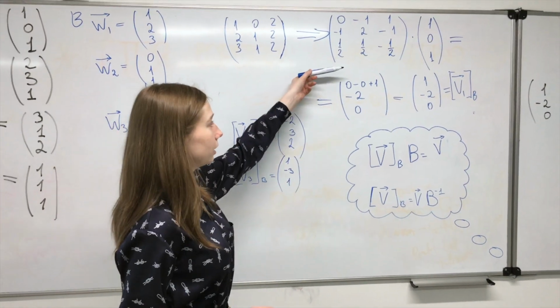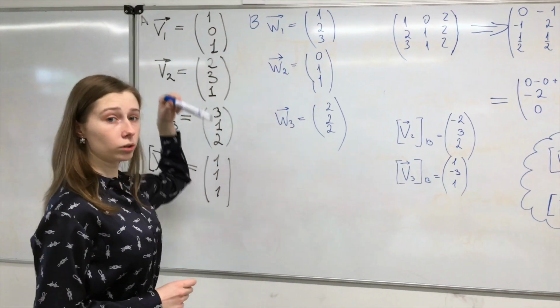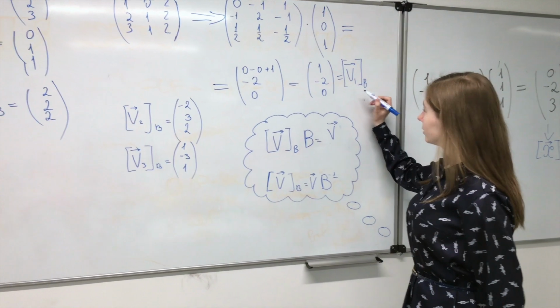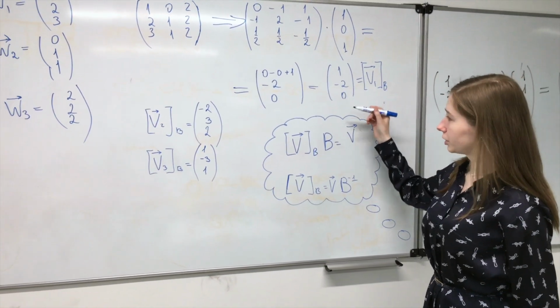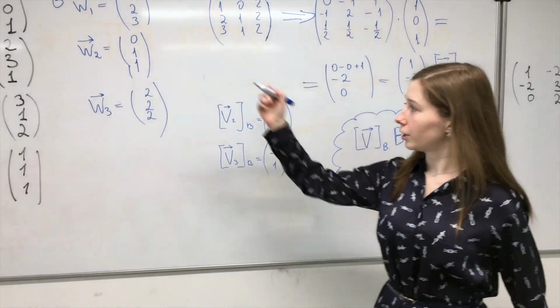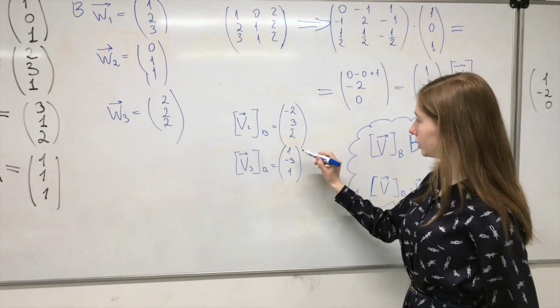So we took the inverse and multiplied it by our vector V1 from the old basis. And now we got V1 in basis B with such coordinates. In a similar way, we transform V2 and V3 to the new basis B and get such coordinates.